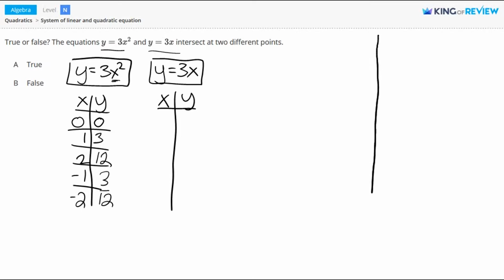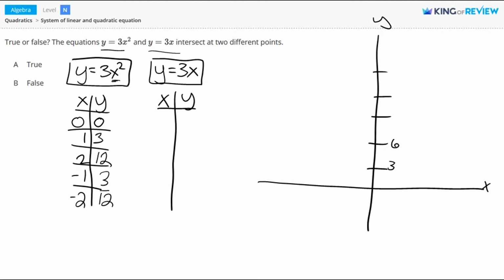So I have a coordinate plane here with an x-axis and a y-axis. Okay, so now I'm ready to plot these points.